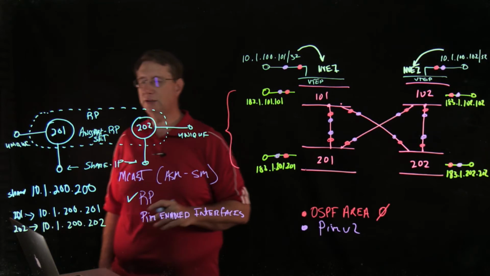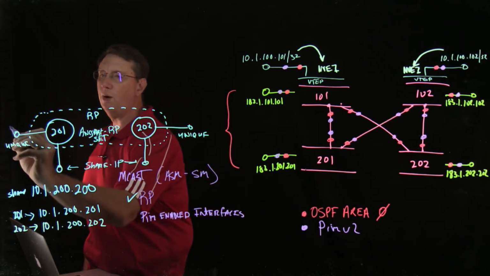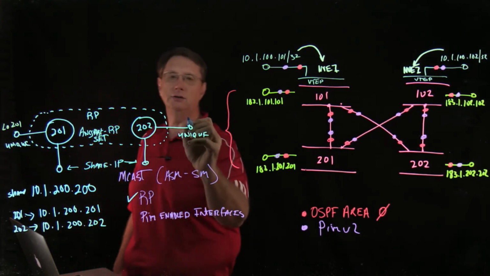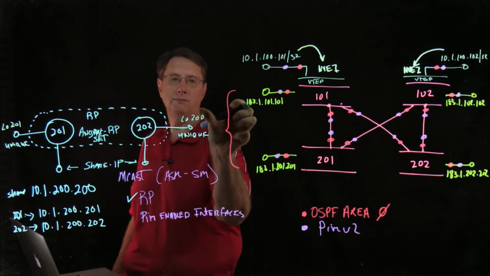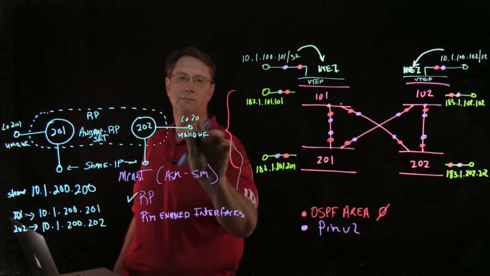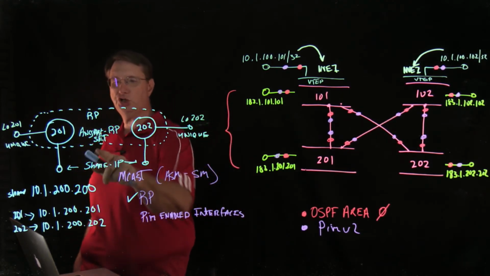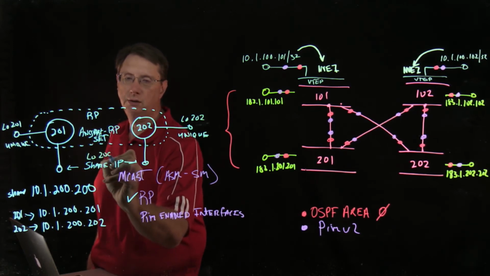Now the way I'm going to do this is create interfaces on these devices. So I will create loopback 201 and loopback 202. And then this shared interface is going to be loopback 200, Lo 200.